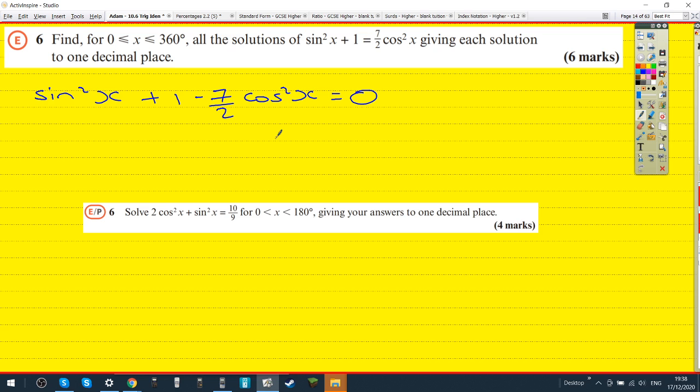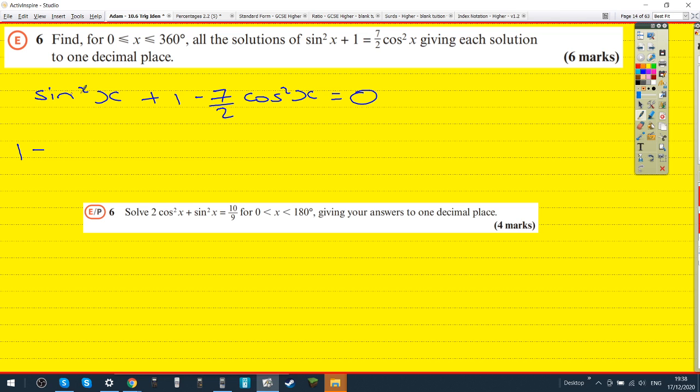Okay. And then you can make sine cos. So it'd be 1 minus sine squared x. No. Would that not work because there's no number to multiply it by? So would you make cos sine?